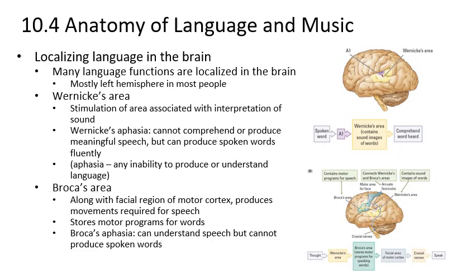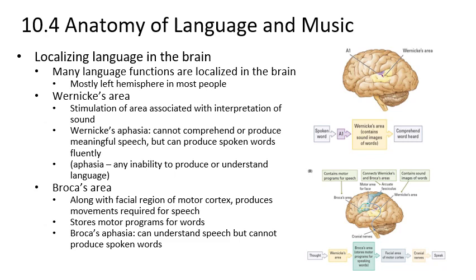Language is localized in several areas of the brain, mostly in this parietal frontotemporal area. Many language functions are localized, but not all of them. So we're just going to talk about these specific areas that seem to be specialized to language. As we talked about before, for most individuals, particularly right-handed people and about 70% of left-handed people, language is lateralized in the left hemisphere.